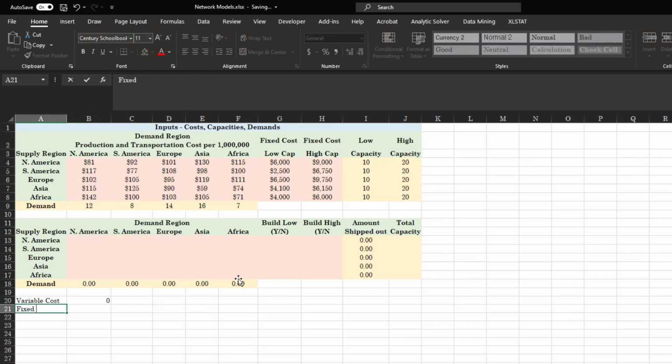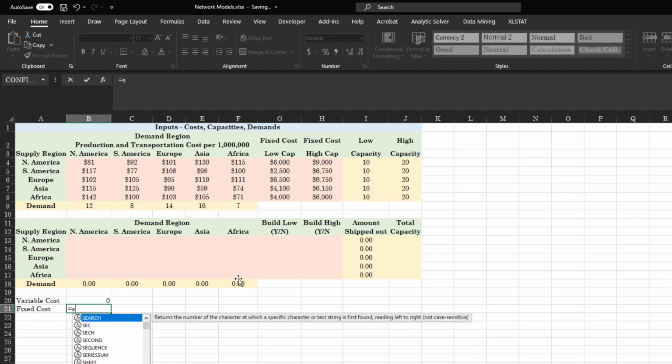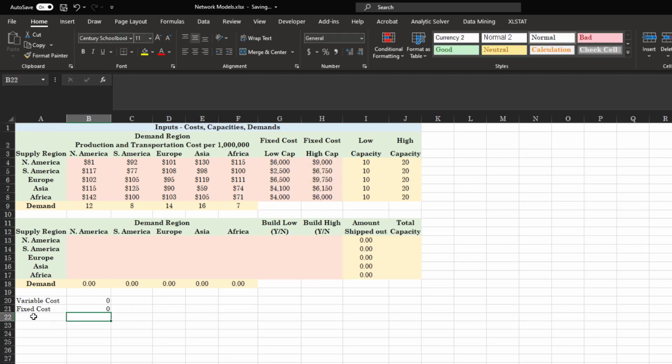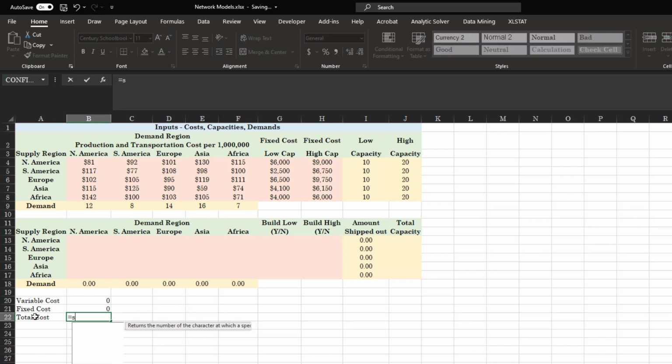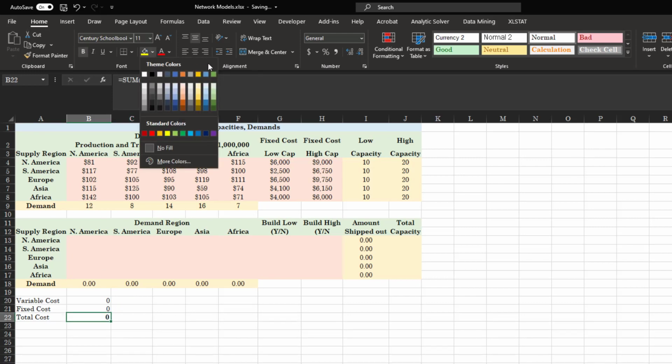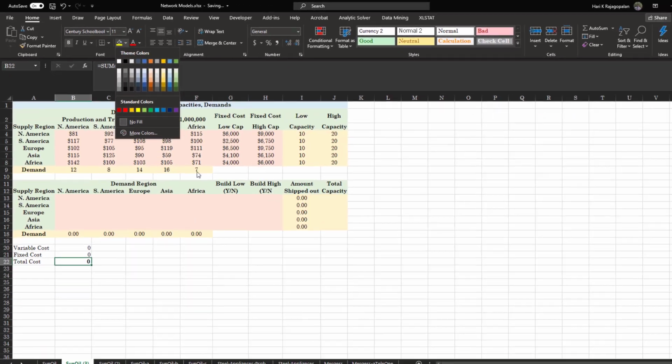Your fixed cost is going to be the sum product of your fixed costs multiplied by whether you're going to build it or not. These are going to be 1 or 0 values. And so your total cost will be the sum of these two values, and this is the value you are going to minimize in this problem.